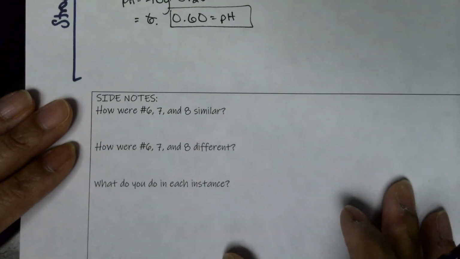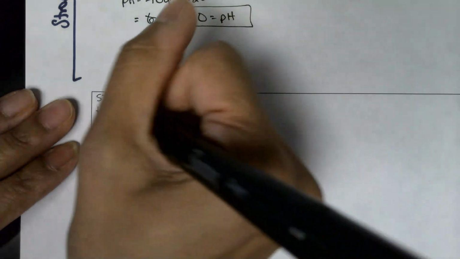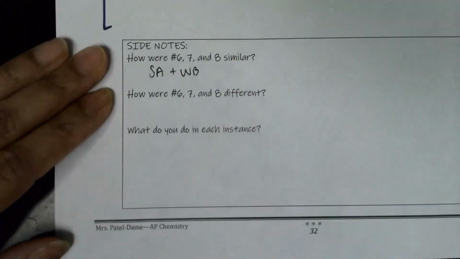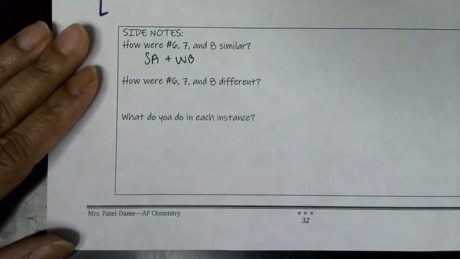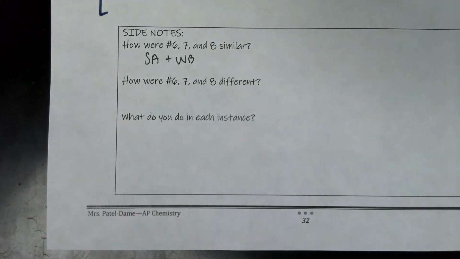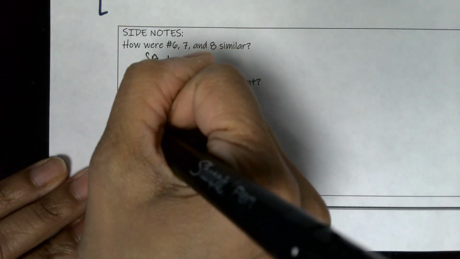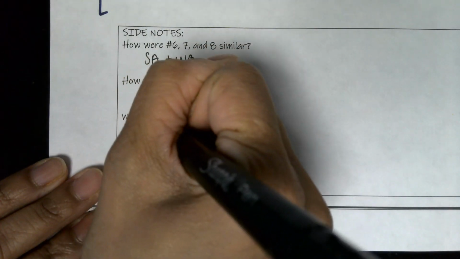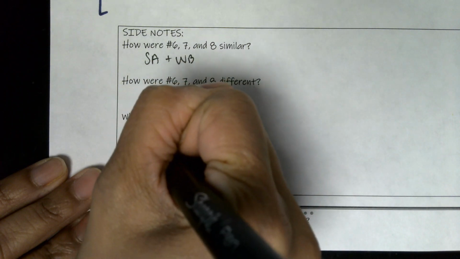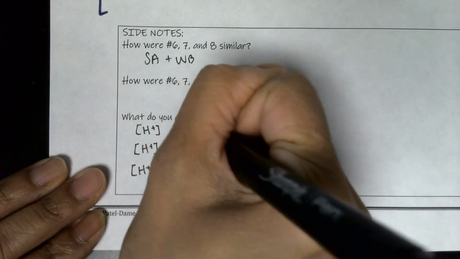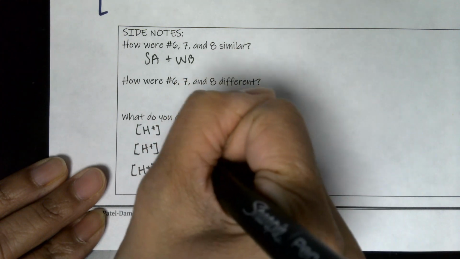So let's talk about all of these. 6, 7, and 8 had a strong acid and a weak base in each of the instances. So if I go back, number 6, I had weak base in excess. So I'm going to do the same kind of categories here, and then OH minus for each one of these.